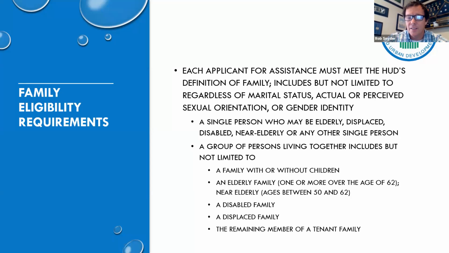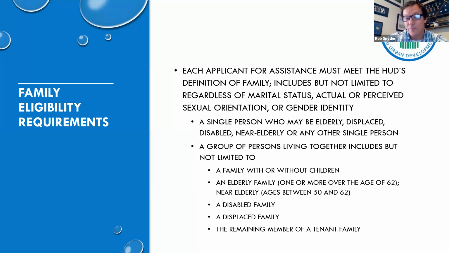HUD defines, and I would encourage you all to definitely read through the guidebook. HUD defines what is a family, and I won't read off all of these, but what I will say is pretty much any conceivable combination of folks or a single person constitutes a family.